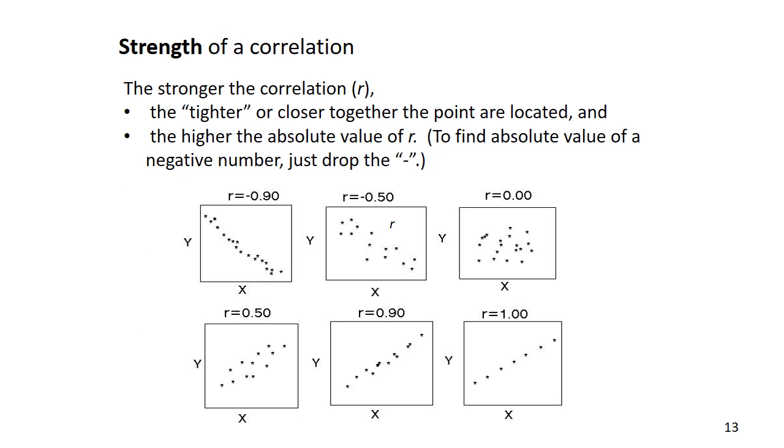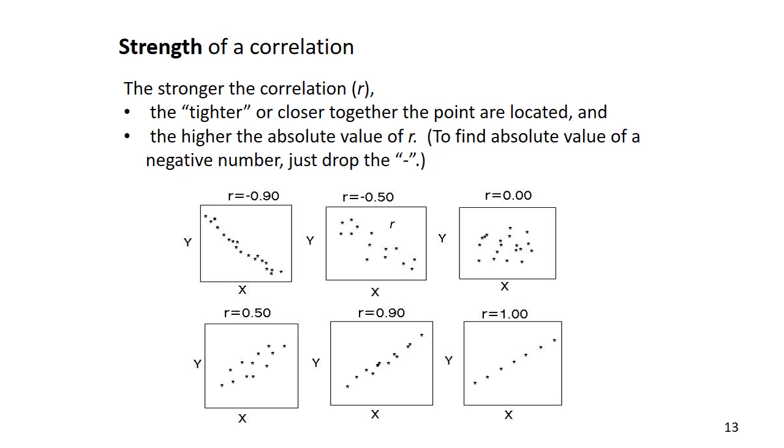All right, so the tighter and the closer points are together, that is considered stronger. This is what I was trying to get across earlier, that you're looking at absolute value, not really the number value of it.